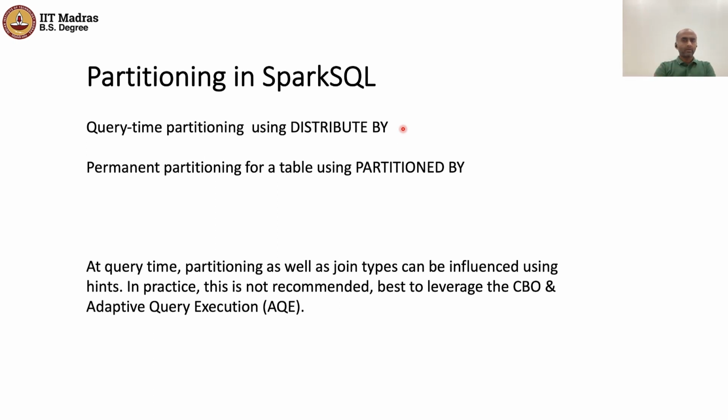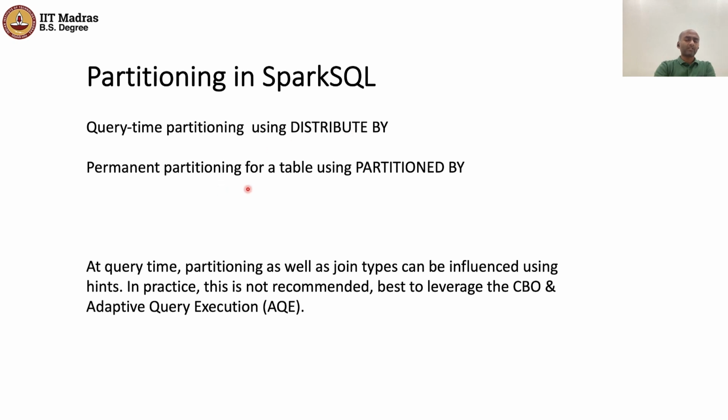You could look it up in the Spark documentation. Effectively, what you're doing here is a select statement: SELECT * FROM A, B JOIN A.B = B.B DISTRIBUTE BY, and then for the columns that you're projecting out, which are the columns in the select clause, you say which column you want to distribute the answers by. That data frame then becomes partitioned based on the columns you specify in the DISTRIBUTE BY clause. That's query time partitioning.